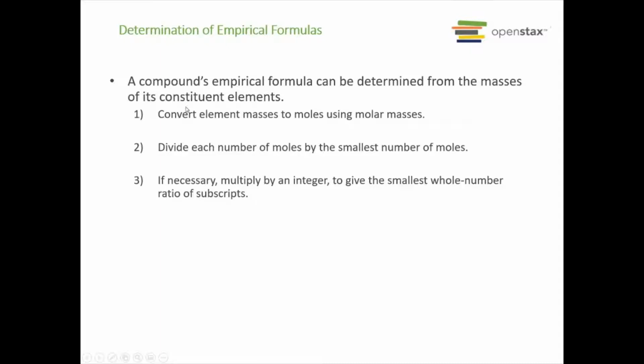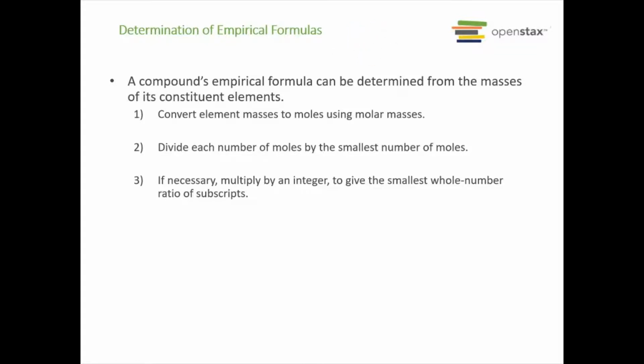So now let's talk about determination of empirical formulas. If you recall, the empirical formula is the lowest ratio of atoms in a compound. So if you have something that's normally C6H6, that would be the molecular formula. The empirical formula would be CH.